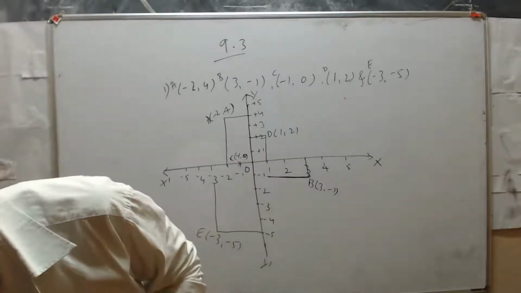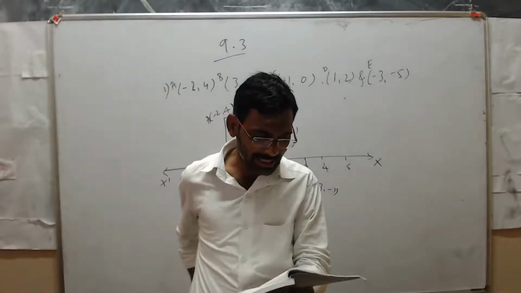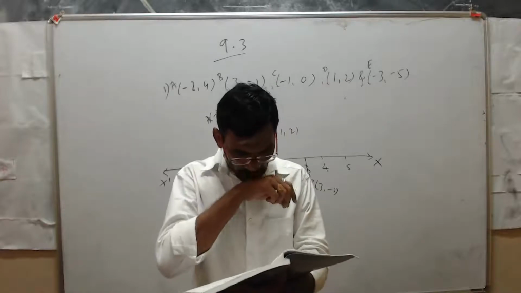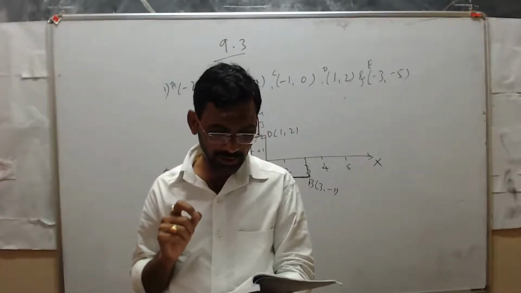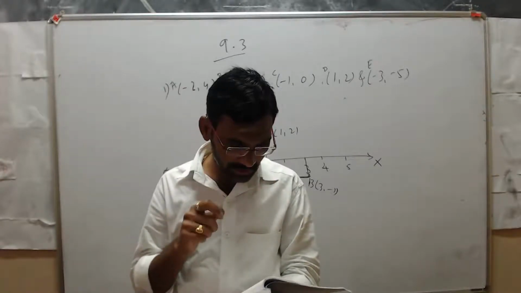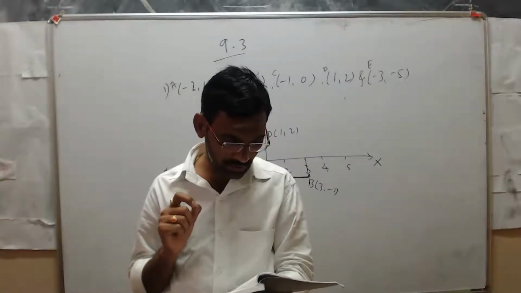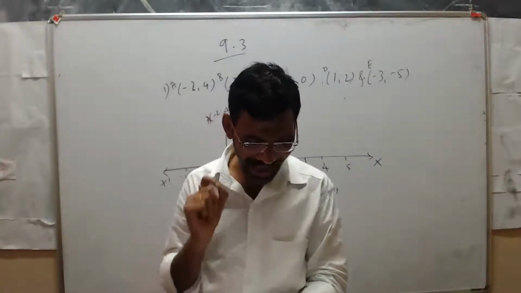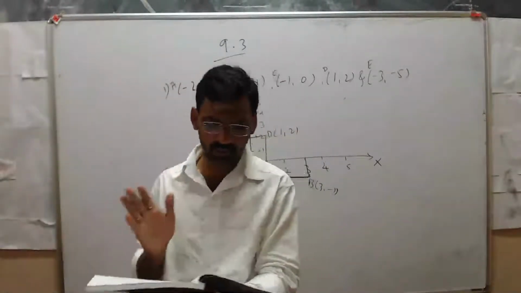Second one. Plot the points x comma y given in the following table on the plane, choosing suitable units of distance on the axis. Here the points are already given, the x values and y values.